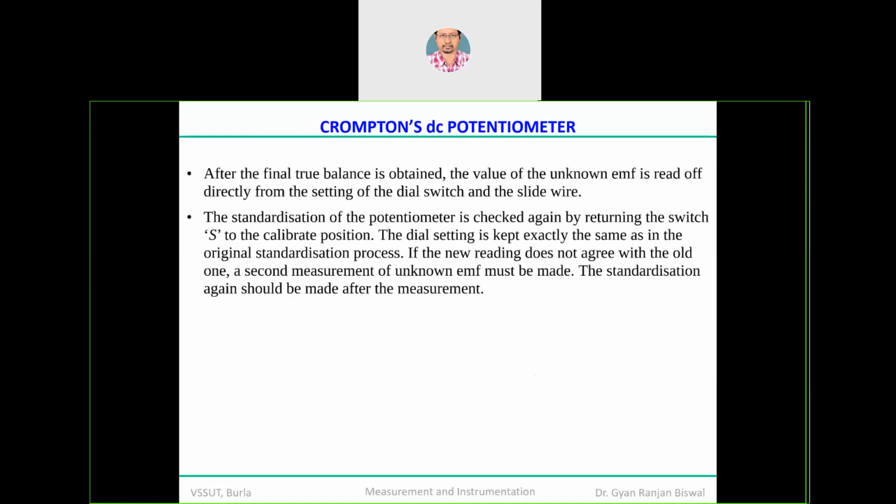Follow these steps and it will help you not only standardize the Crompton DC potentiometer, which is the modification of the standard DC potentiometer, but it will also give you the unknown value of the DC voltage with a high degree of accuracy.